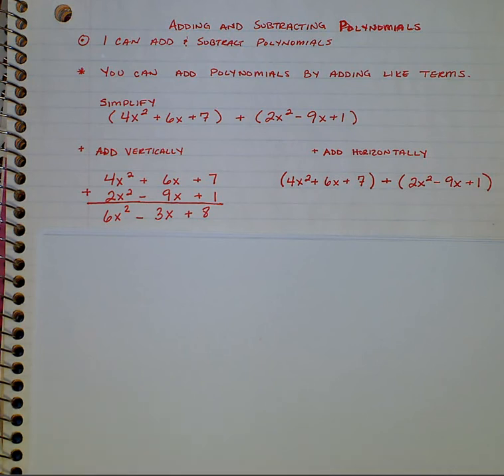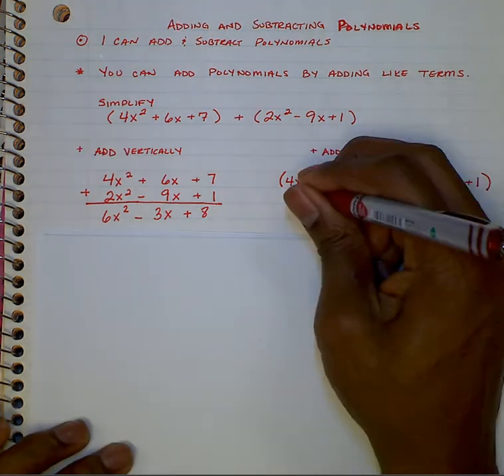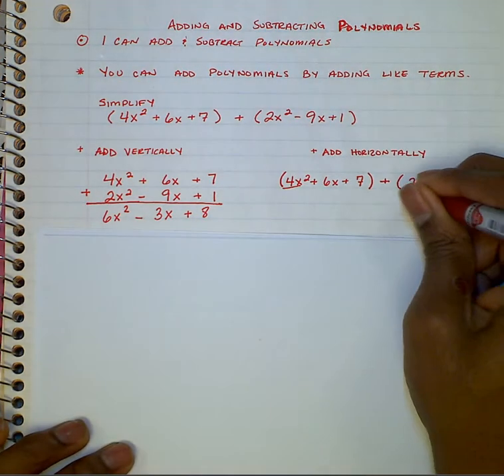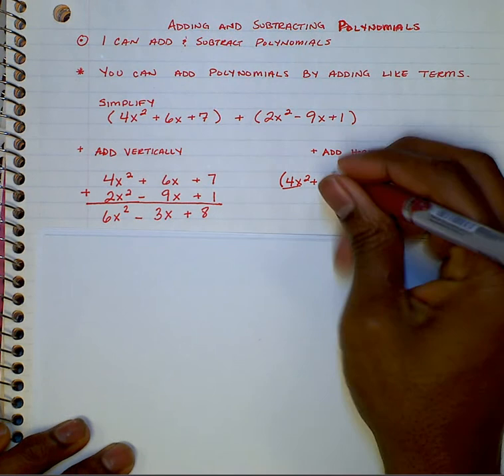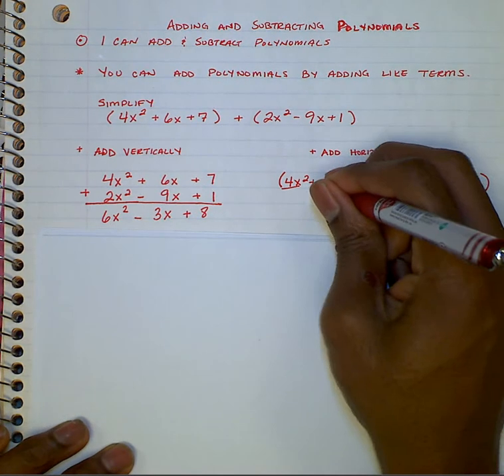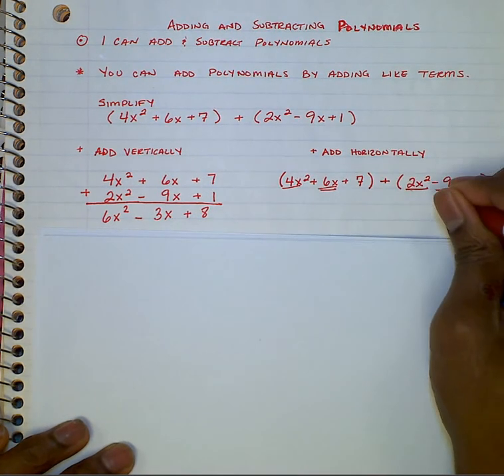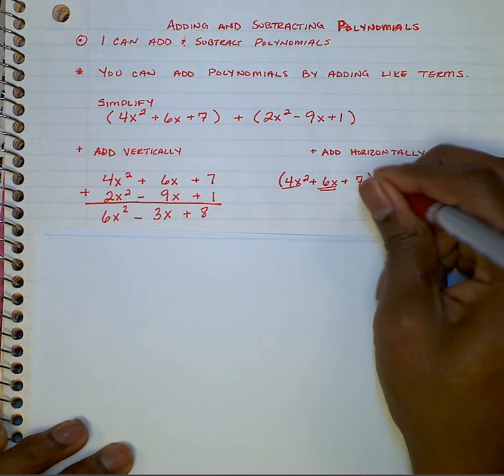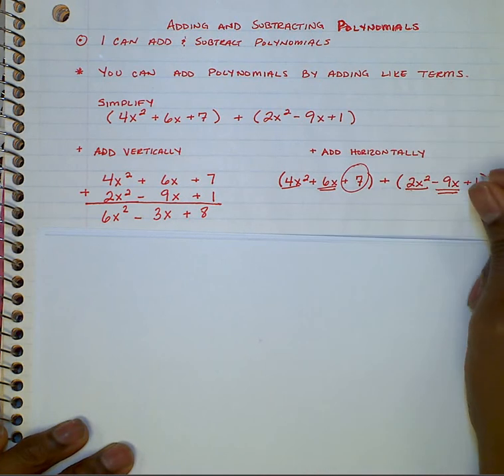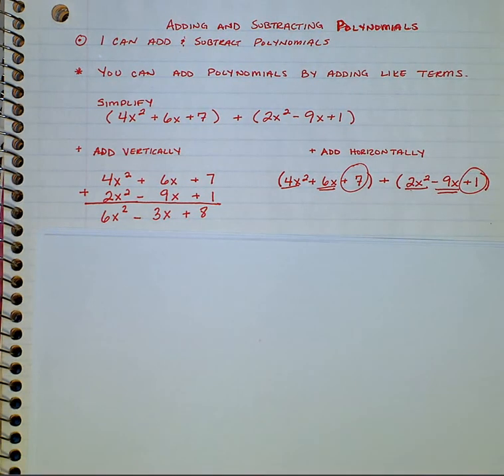When I add horizontally, I usually try to do something to mark like terms together. I've got x squared here and x squared here, I'll underline it once. I've got x here and x here, I'll underline it twice. I've got 7 here and 1 here, I'll circle it. I do something that marks to myself that I've checked where my like terms are, and then I combine them.